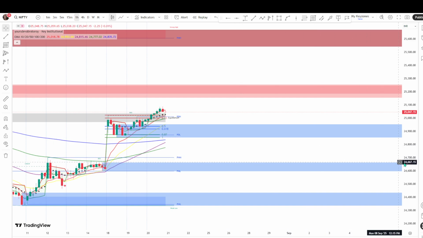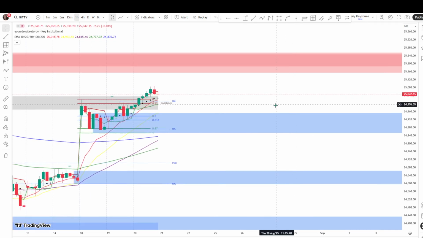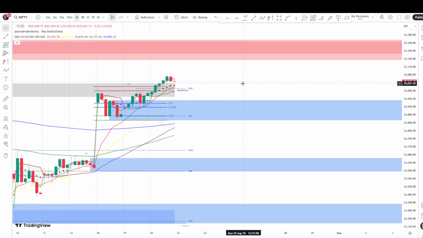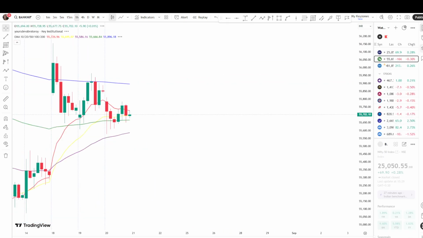I mean, there is no need to be bearish, I would say. This is clearly buy on dips, with support of the 100, 200, fine, 50 also.